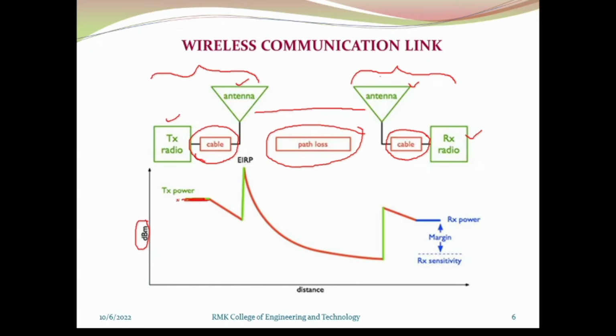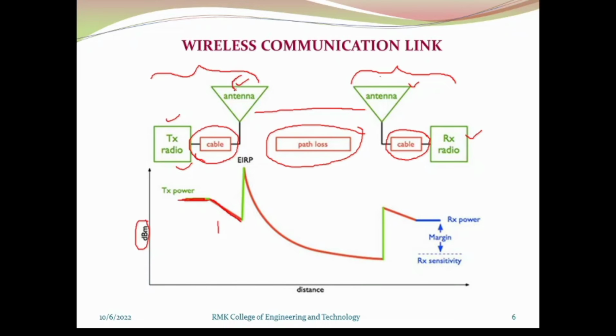This is the power transmitted by the transmitter radio. Now in between the transmitter and the antenna, we have a cable. Because of the cable, the power has been reduced, so there is a loss. This slope indicates the power is reduced somewhat.